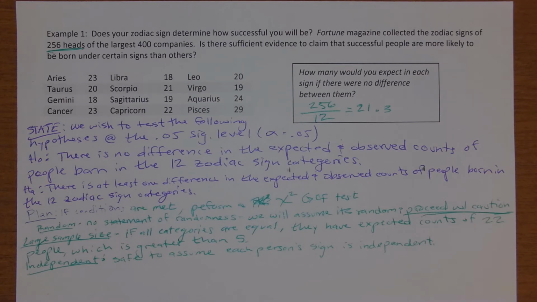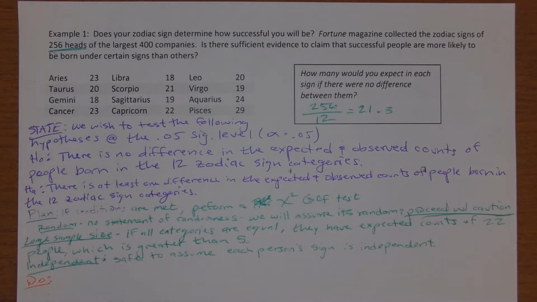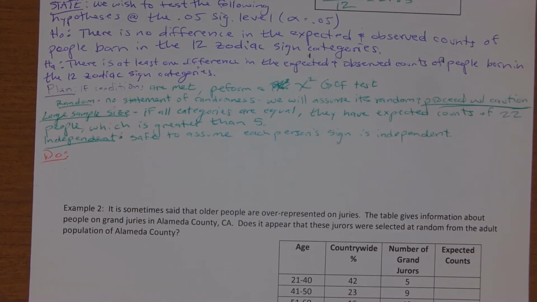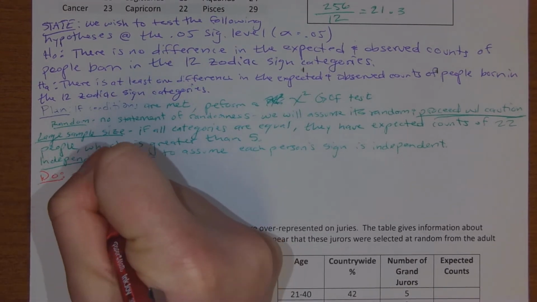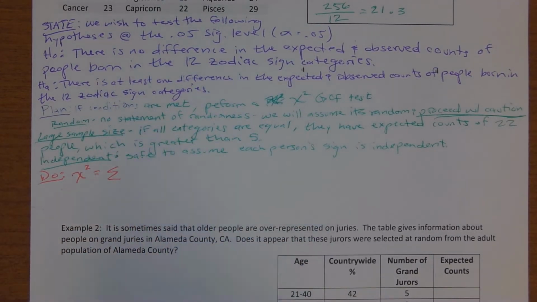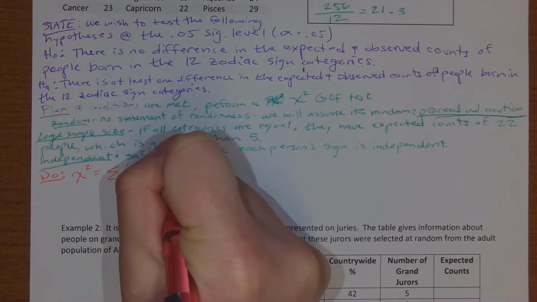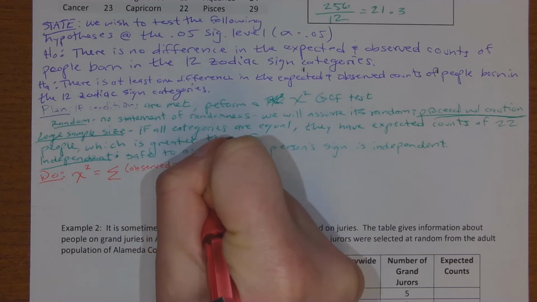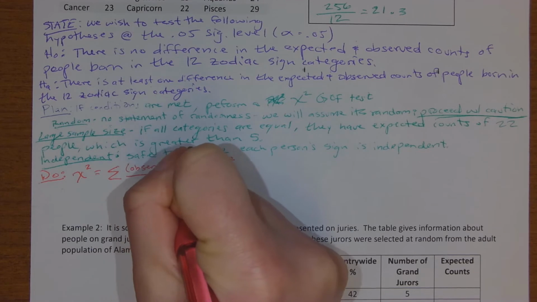And now we are going to move in to our do. All right. So the first thing we need to do is calculate our chi-squared statistic. So chi-squared is equal to the sum of the observed minus the expected, squared, all over the expected.